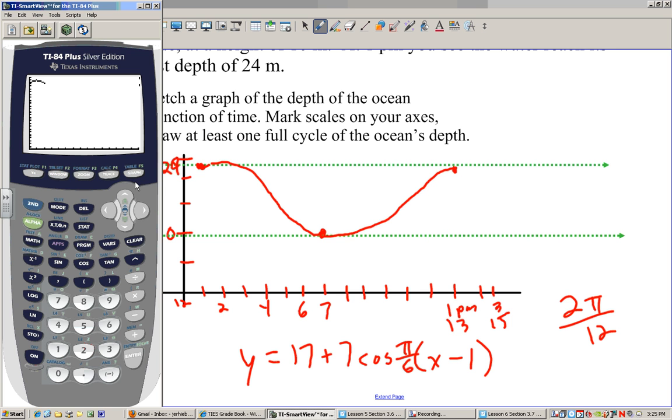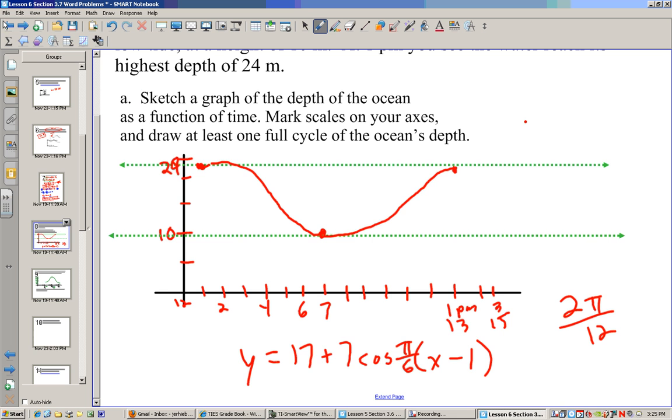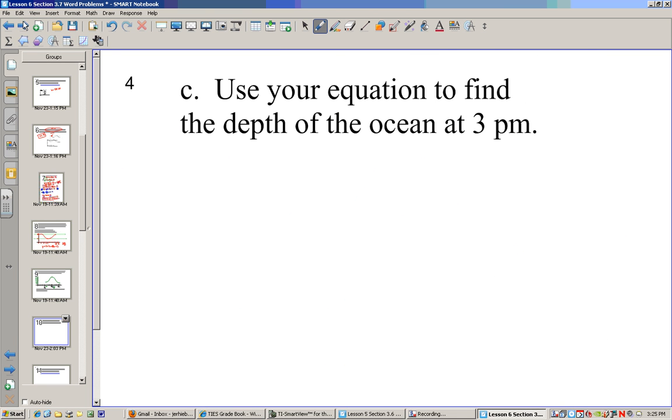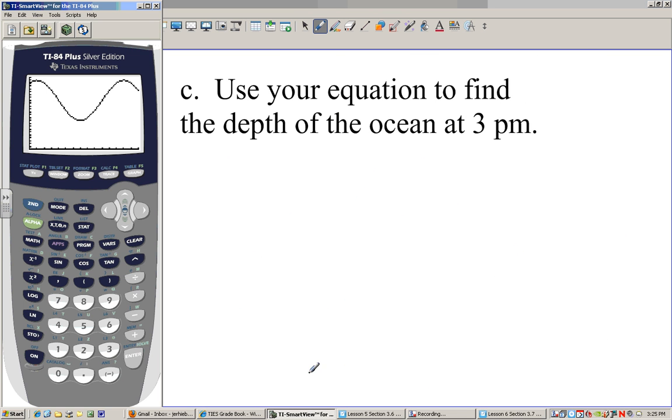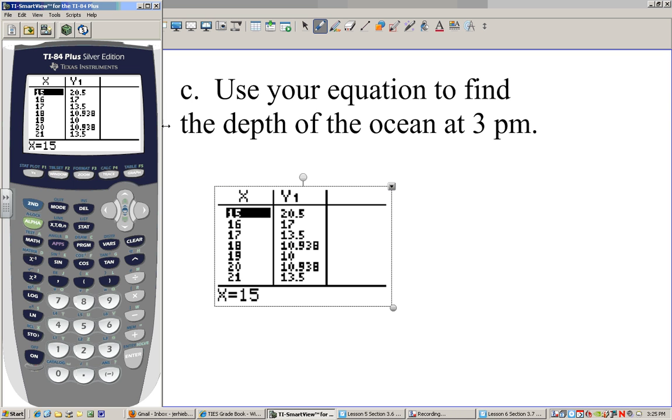And if I graph it, it should look something similar to the graph that I have on my paper or my whiteboard. So if I want to find out at 3, all I have to do is put in 15 for my table. And at 15, it's 20.5.